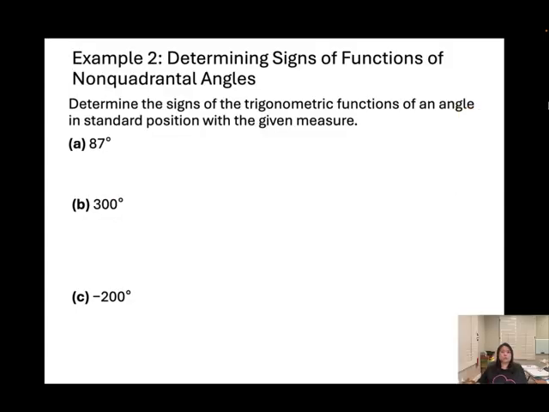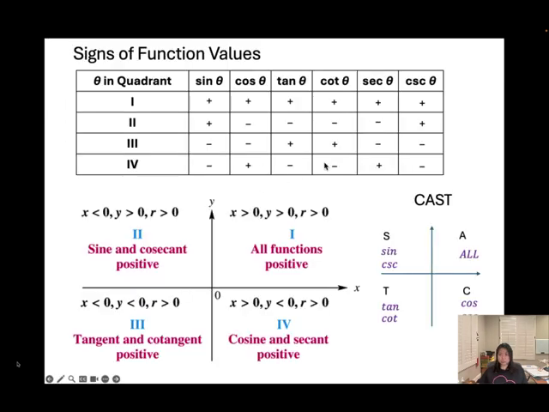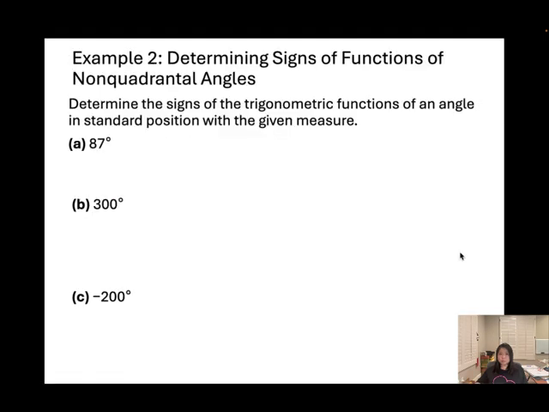Example 2. Determine the signs of the trigonometric functions of an angle in standard position with the given measure. 87, so let's look here. We have 0, 90, 180, 270, and then 360. So 87 stays in quadrant 1, and in quadrant 1 all the trigonometric functions will be positive.